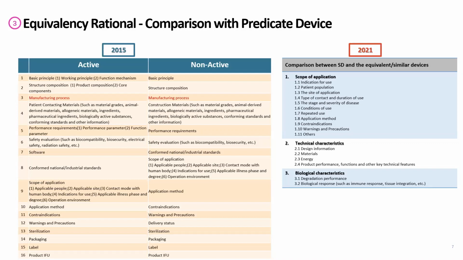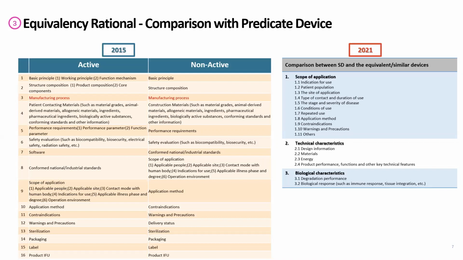But for example, one item might be listed in the technical part in the EU MDR, so you need to compare that one in the technical part. So let me have a detailed discussion on the scope of application.